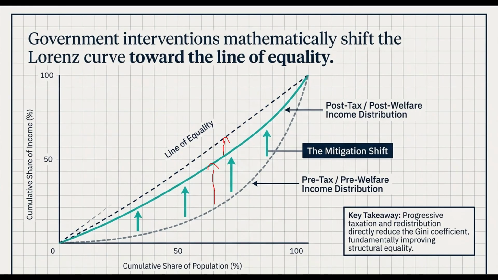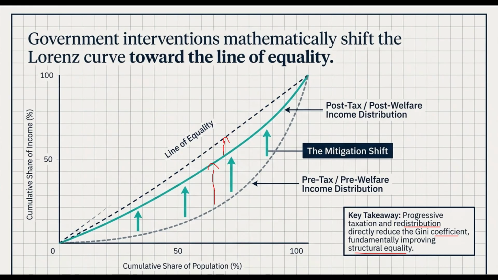So this shift shows that progressive taxation, social welfare, and redistribution programs can directly lower the Gini coefficient. In simple terms, government intervention can improve fairness by supporting lower income groups and reducing the wealth gap. Clear? So progressive taxation and a redistribution of income directly reduce the Gini coefficient, fundamentally improving the structural equality.